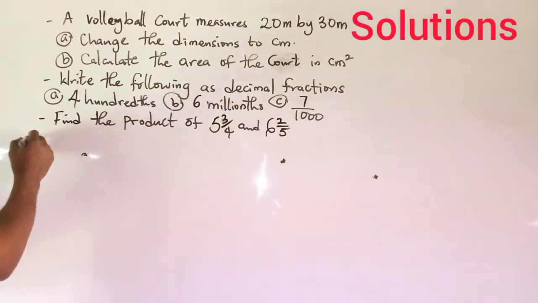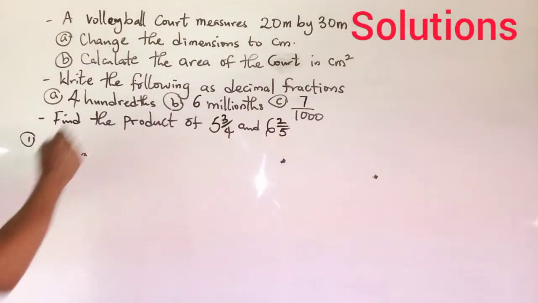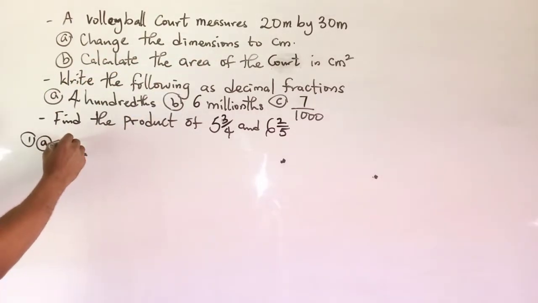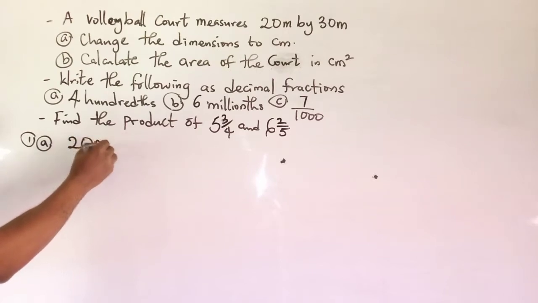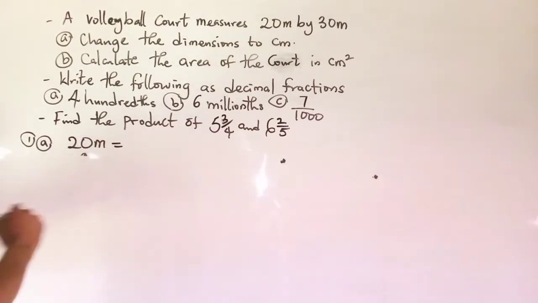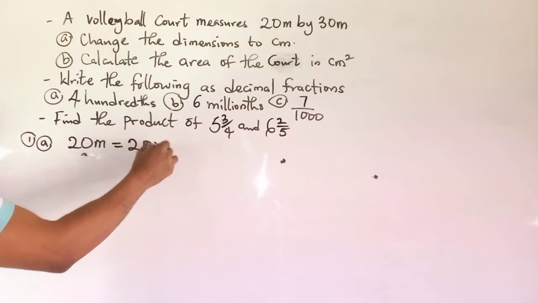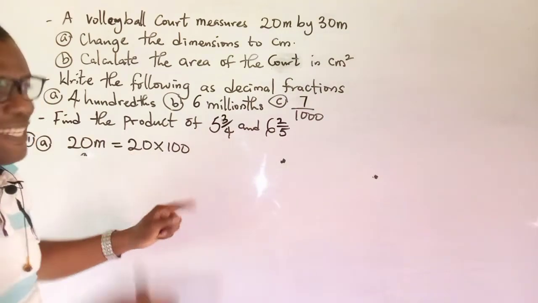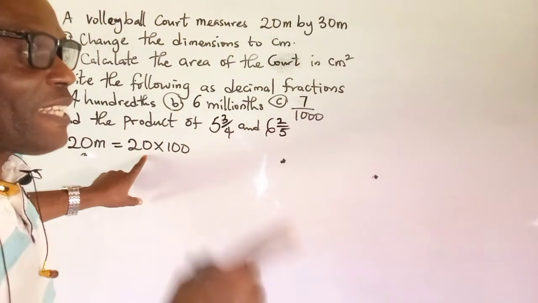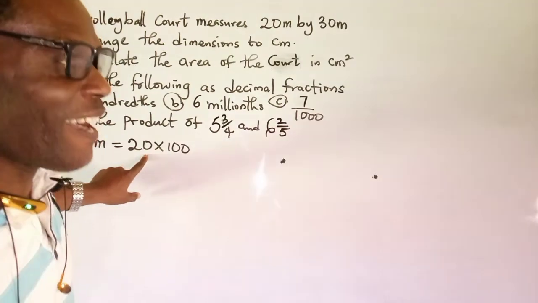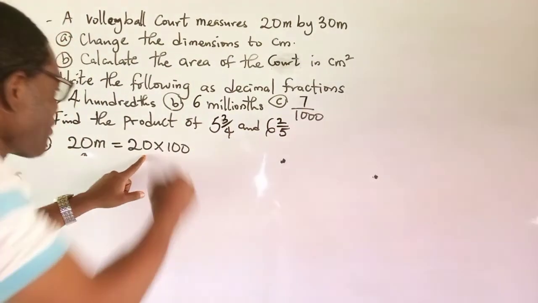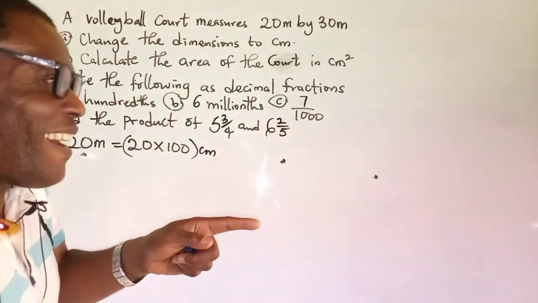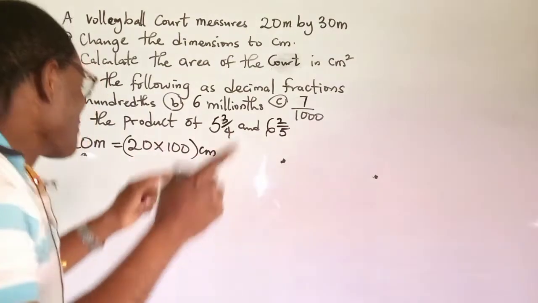Now the first one, the volleyball. We are asked to change the dimension to centimeter. So we have 20 meters, which will give us 20 times 100, because 100 centimeter make 1 meter.